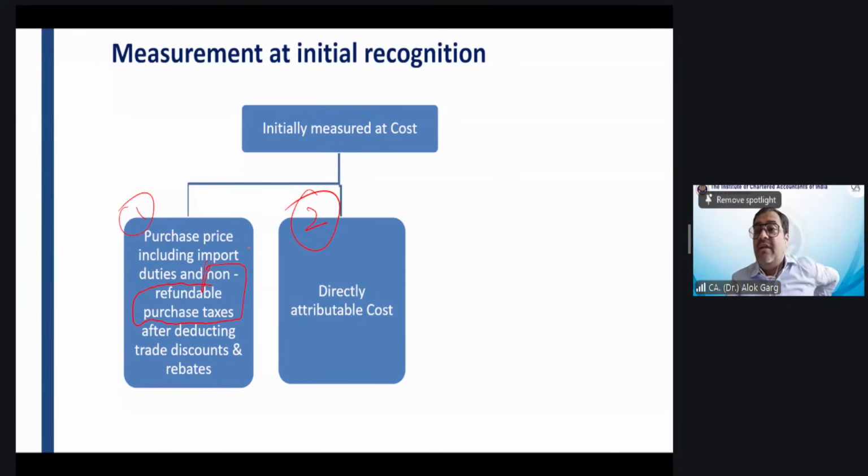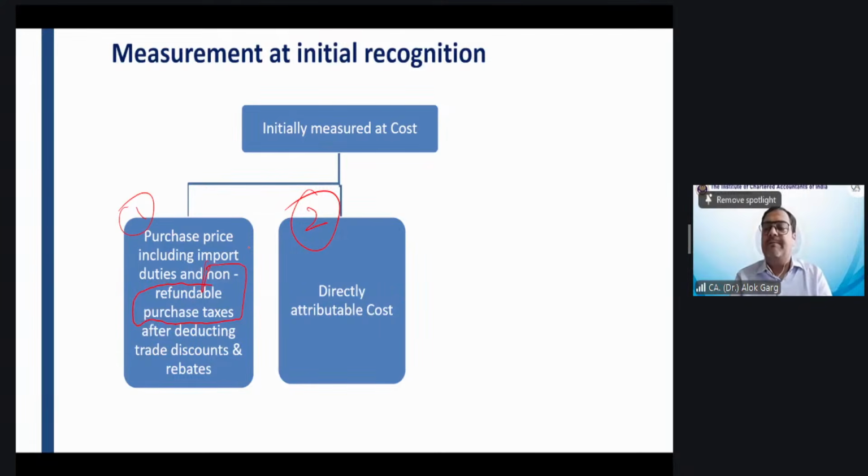This is known as a directly attributable cost. And one of the simplest ways of remembering the meaning is that this cost would not have been incurred if the asset had not been acquired.